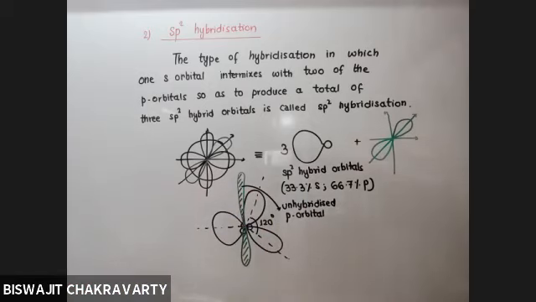So hence we can say that in sp2 hybridization, 3 hybrid orbitals are produced. One of the p orbital remains unhybridized.